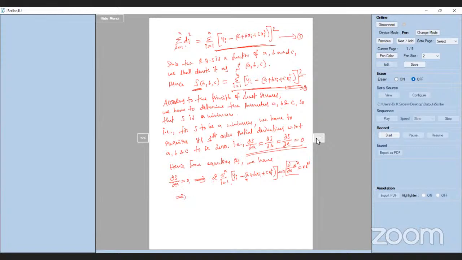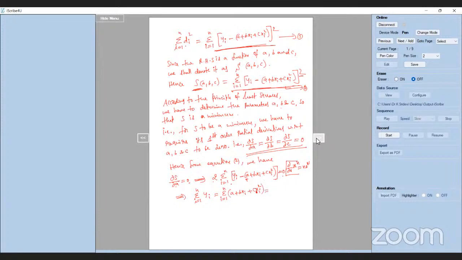Next, this is equal to 0. From this expression, we can write summation i equal to 1 to n yi is equal to summation i equal to 1 to n of a plus bxi plus cxi square.